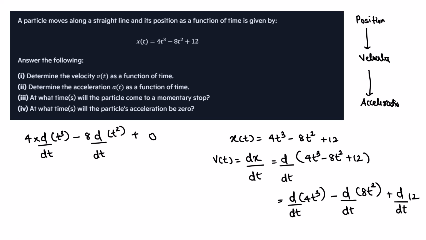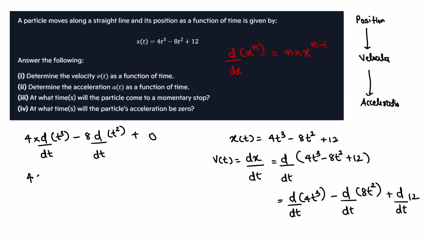Here you need to use a formula. d by dx of x raised to n is equal to n into x raised to n minus 1. Here we have d by dt of t raised to 3 and t square.